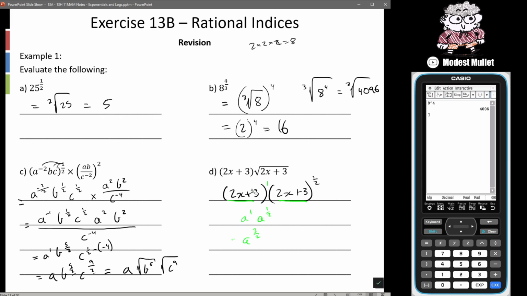But instead of it just being the a, you need to recognize that that whole bracket is the base. So we can now write this as 2x plus 3 to the 1 plus half, which is equal to 2x plus 3 to the 3 on 2.